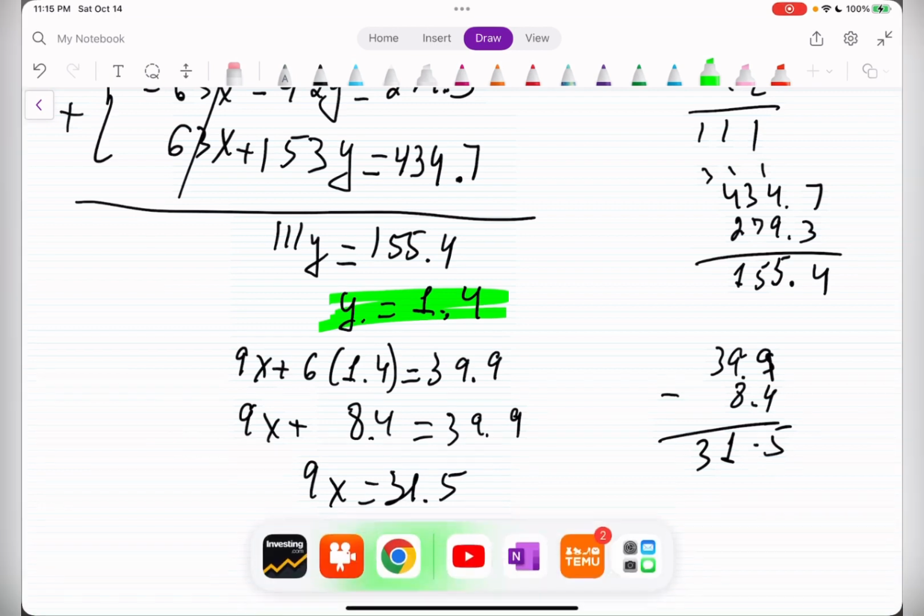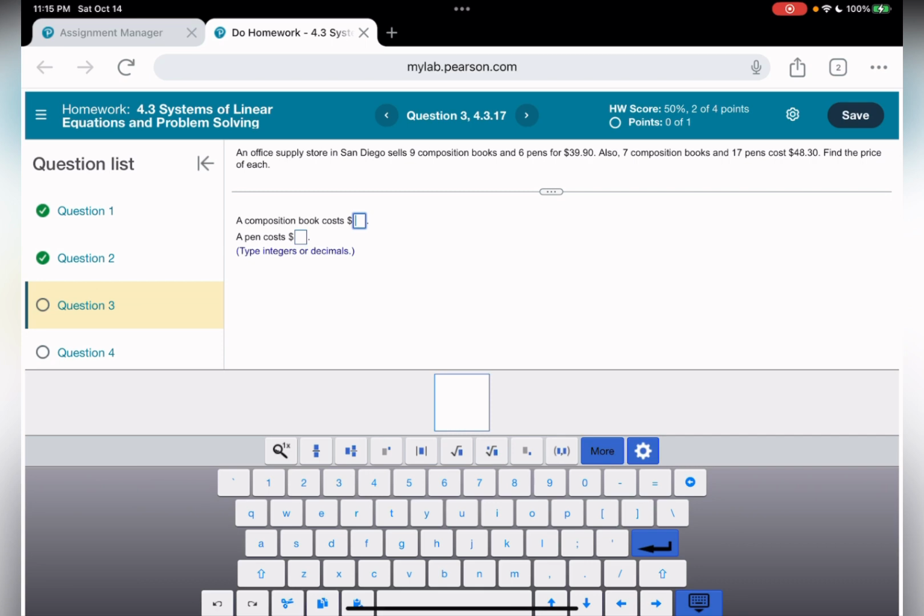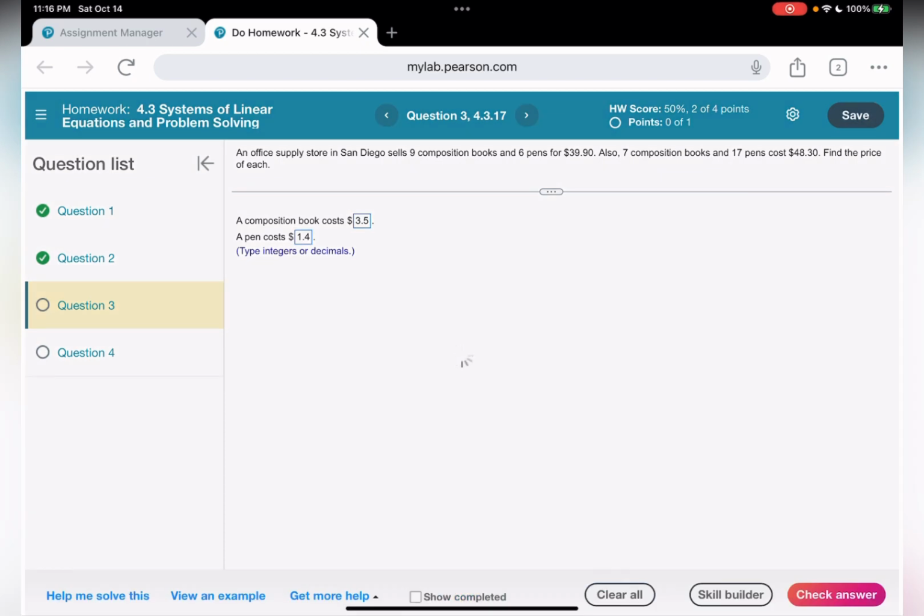Okay, x is 3.5. Oh, they won't put both of them at the same time. y is 1.4. Okay.